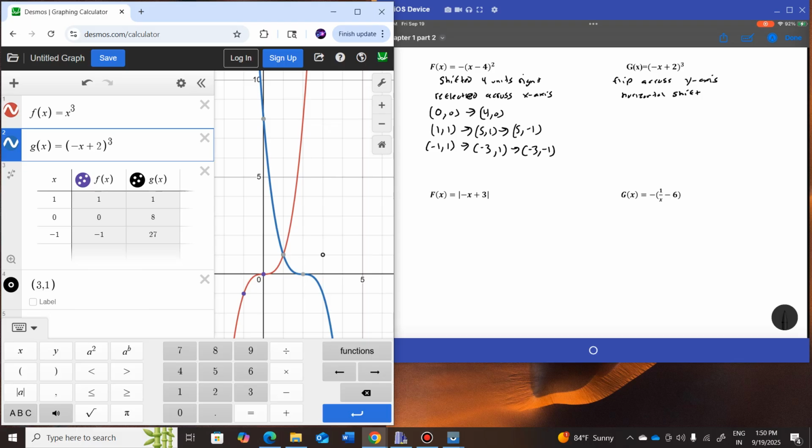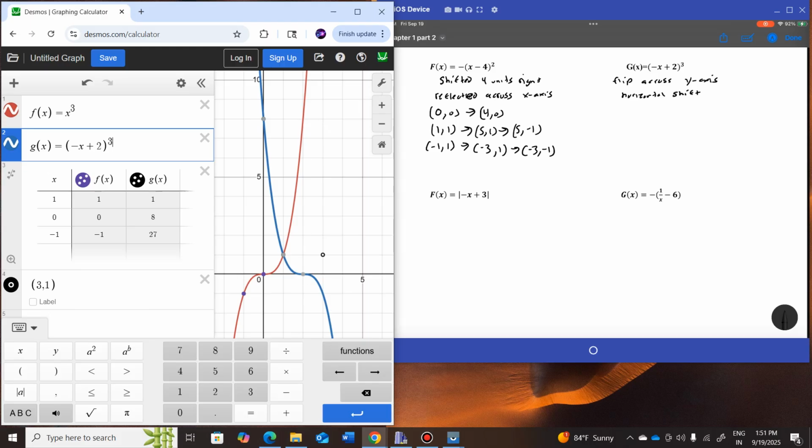Now, the way this works, we've taken the shift and the reflection at the same time. You know, a point (0, 0), instead of it being shifted when it's a plus sign 2 units to the negative side, it's shifted 2 units to the other side because of that reflection.